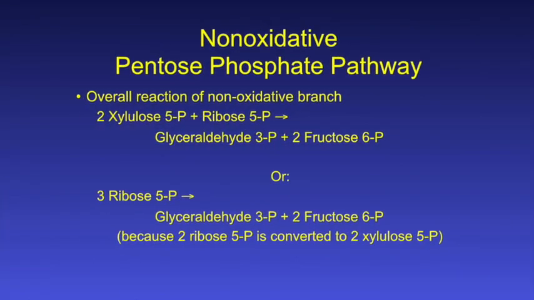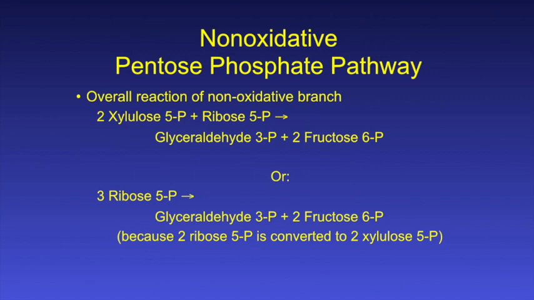So the overall reaction specifically is this. 2 xyluloses and 1 ribose will make 1 glyceraldehyde 3-phosphate plus 2 fructose 6-phosphates. Unfortunately, most books will not write that. Most books will write this. 3 ribose equivalents will produce the glyceraldehyde 3-phosphate and the 2 fructose, because the ribose 5-phosphates can be interconverted.